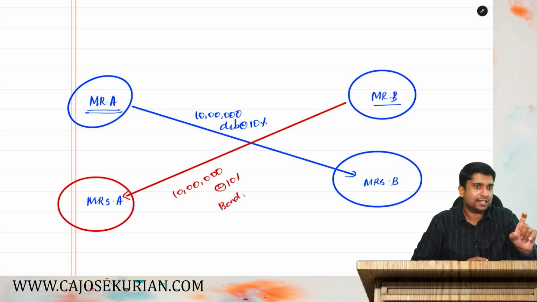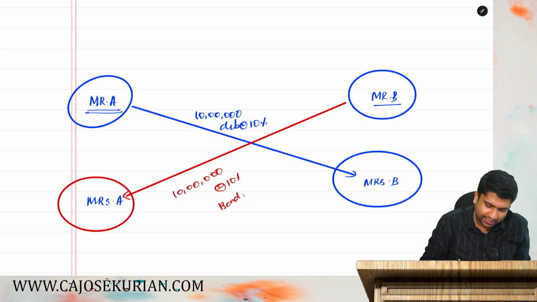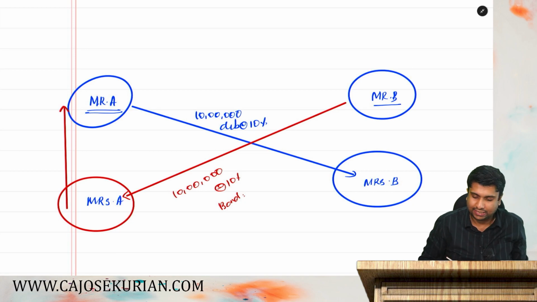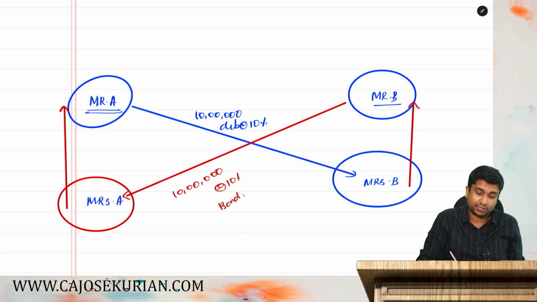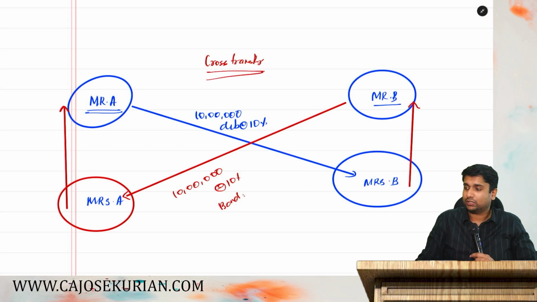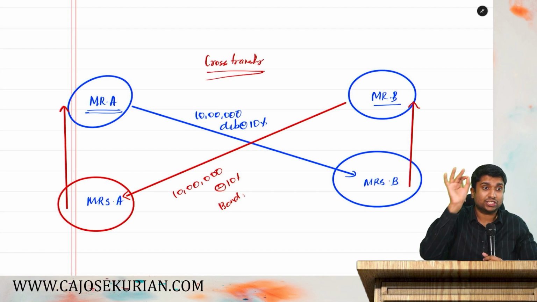If such transactions happen, all the income generated by Mrs. A will be clubbed in the hands of Mr. A, and the income generated by Mrs. B will be clubbed in the hands of Mr. B. This is an anti-avoidance measure and this is called what? Cross transfer. Are you with me? This concept is called what, friends? Cross transfer.